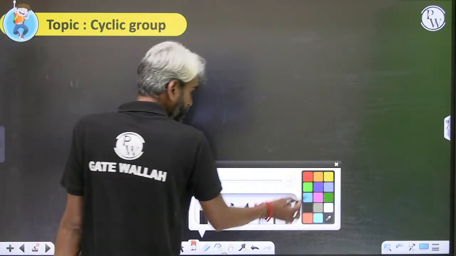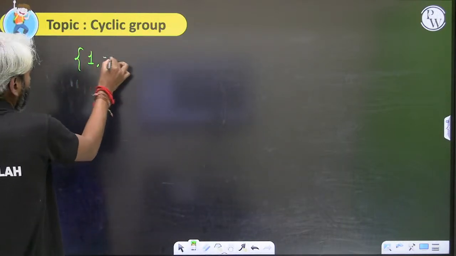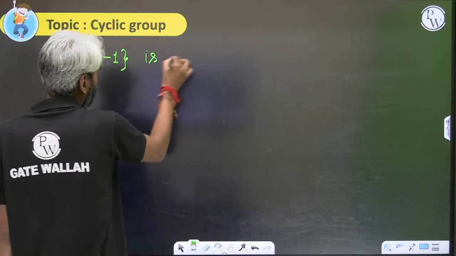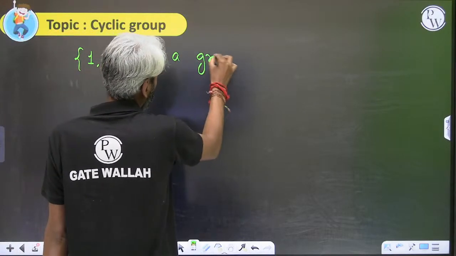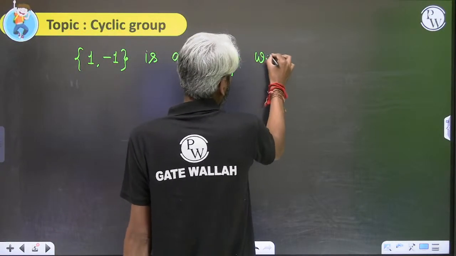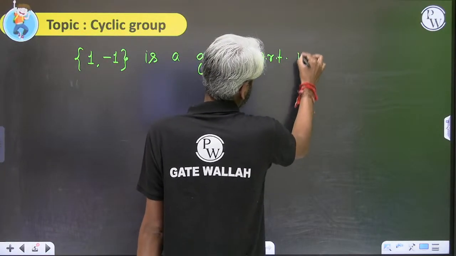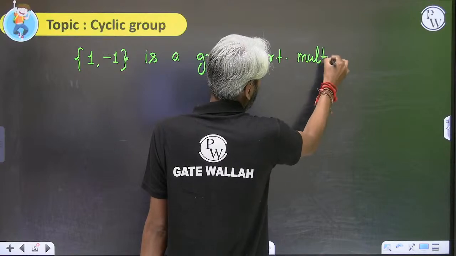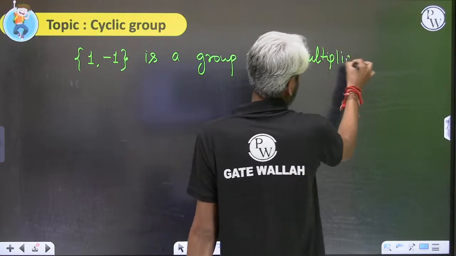We already know that {1, minus 1} is our group with respect to multiplication. So this time the operation will be multiplication.